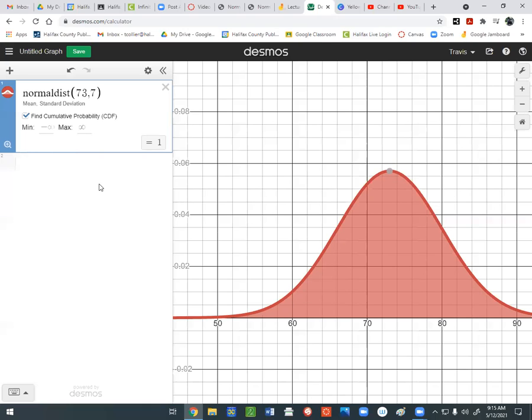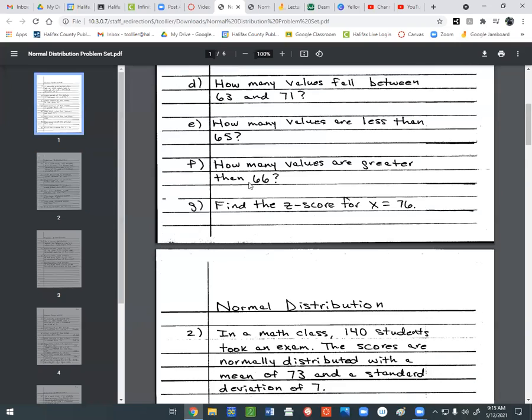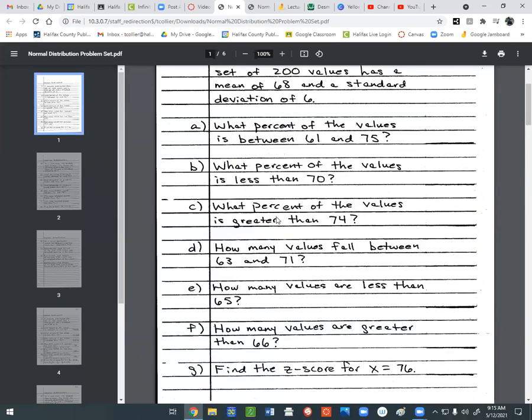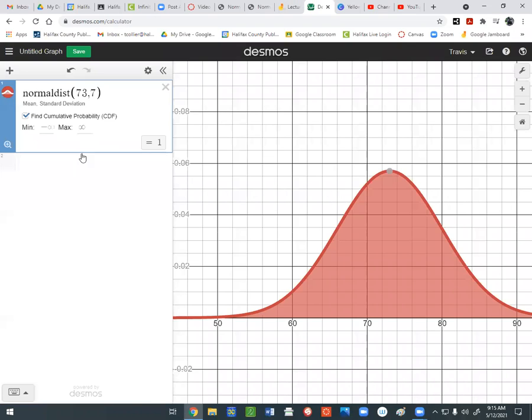Okay, now the last question that I did not get to was the z-score. Question 1 says find the z-score for 76. To do that, you're going to take the 76 and you're going to subtract the average.